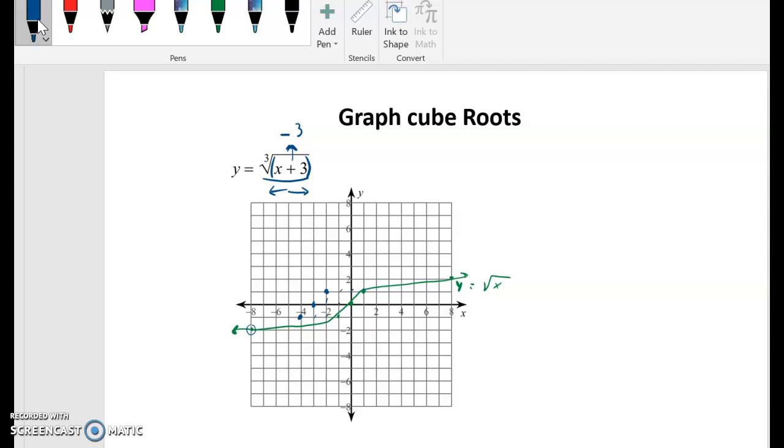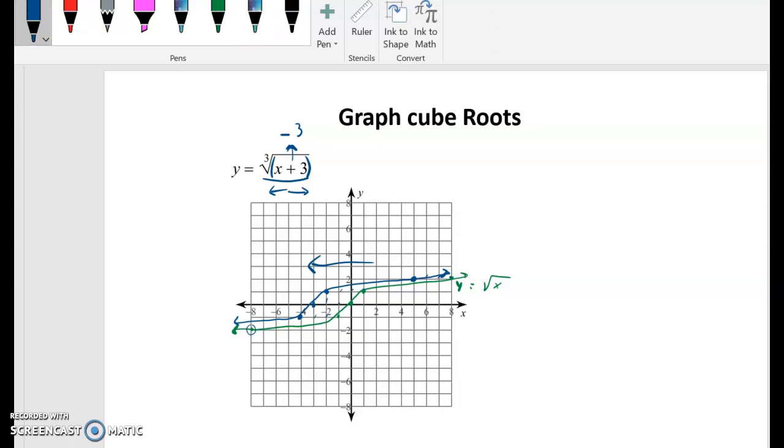And (8, 2), move it 1, 2, 3 units. So now I have a graph that looks something like this, where the whole thing has been moved to the left 3 units.